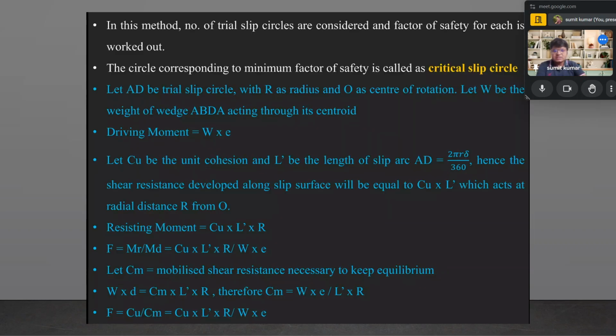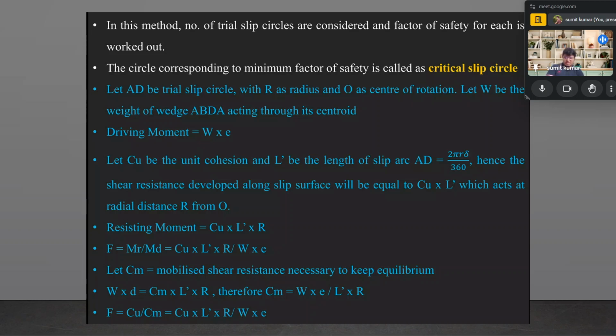Okay, we will see. Starting with this method, a number of trial slip circles are considered, and the factor of safety for each is worked out. The circle corresponding to the minimum factor of safety is called the critical slip circle.